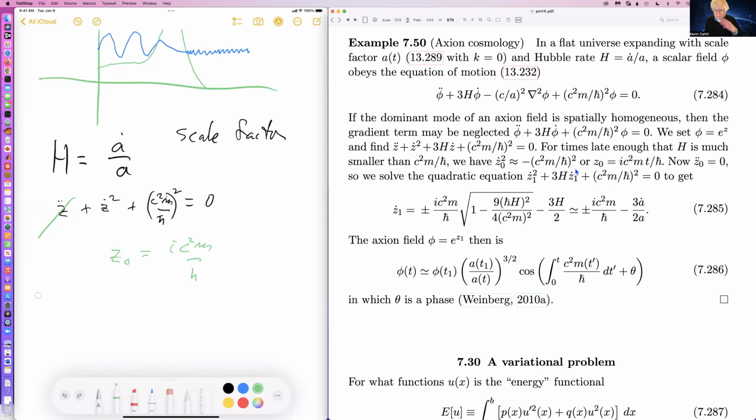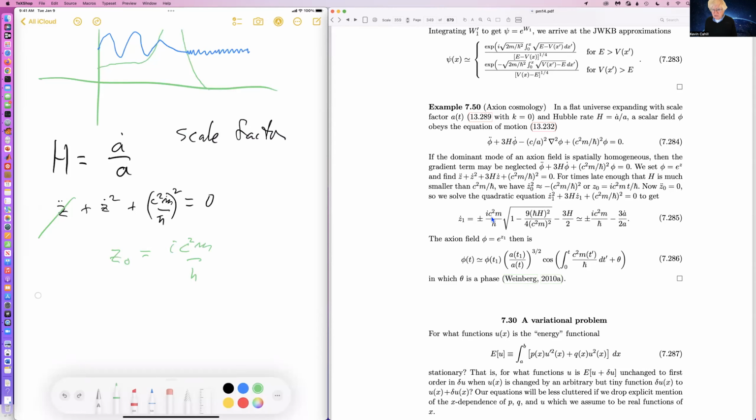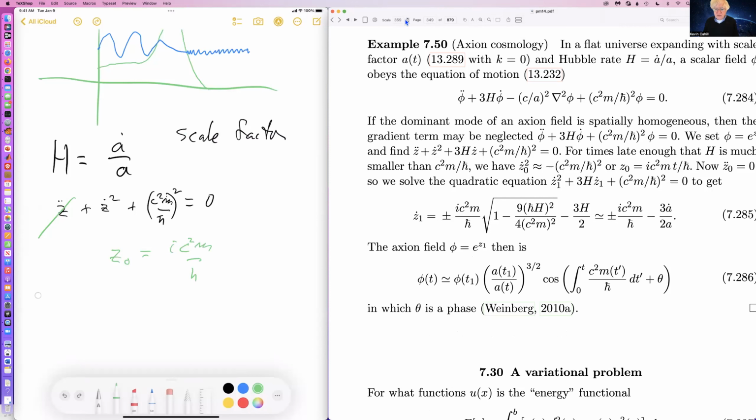And so then we get that Z1 prime is this, just solving this quadratic equation we get this solution, which we approximate in this way, where H is A dot over A.